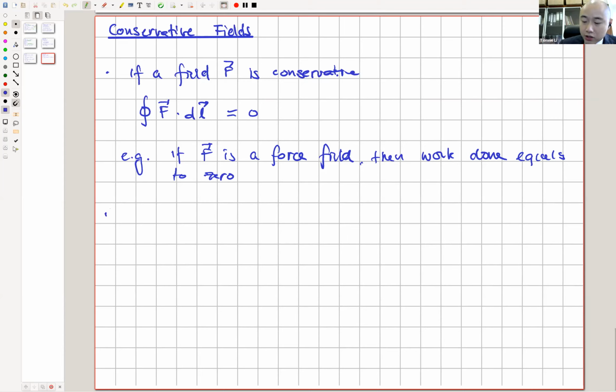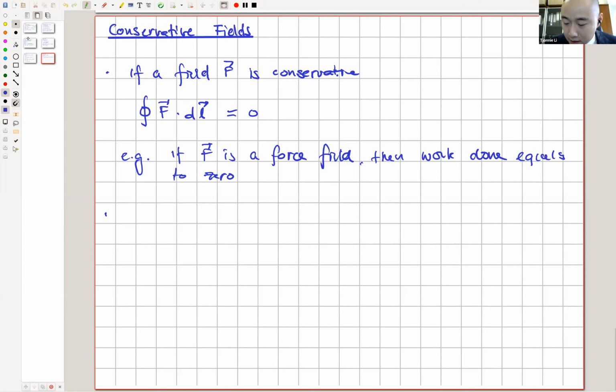But if a field is conservative, and I go around the loop and integrate around the loop, then I arrive at the same value for F, so that the differential is 0. So we can re-express this as a condition on F directly.